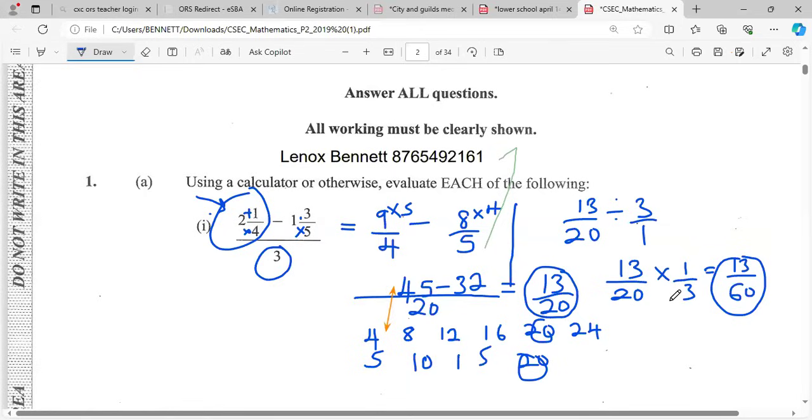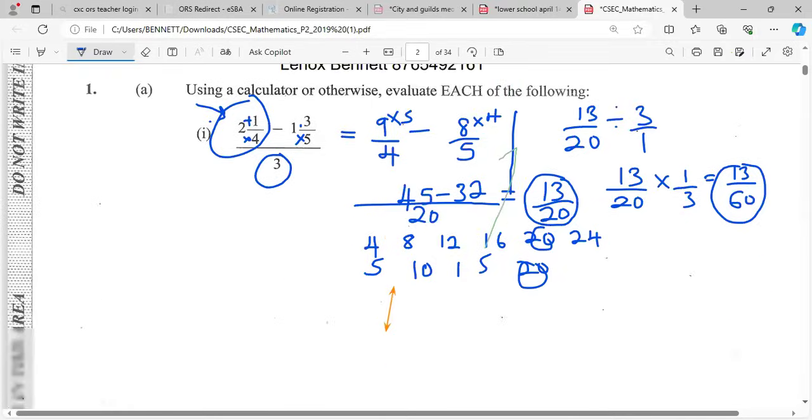Yeah, but once you know the rule, it shouldn't be a problem, because all of them do the same. I realize it now. All right, thanks.